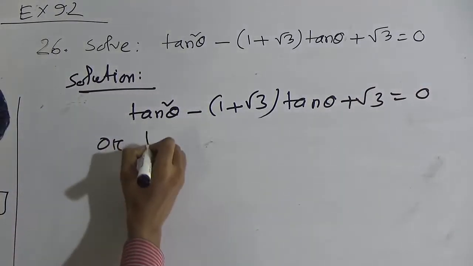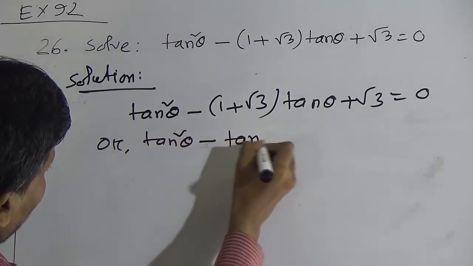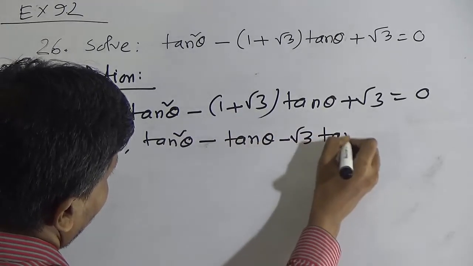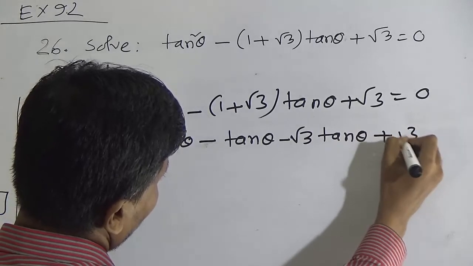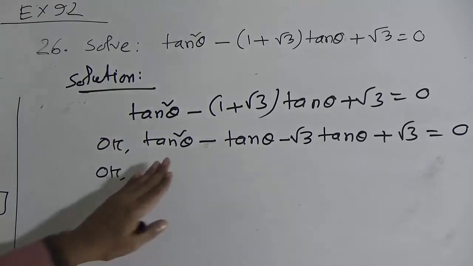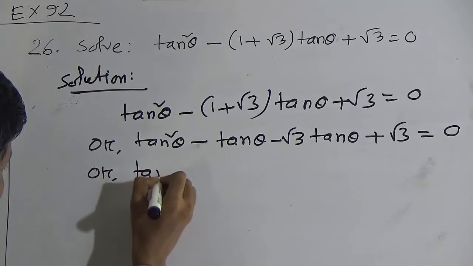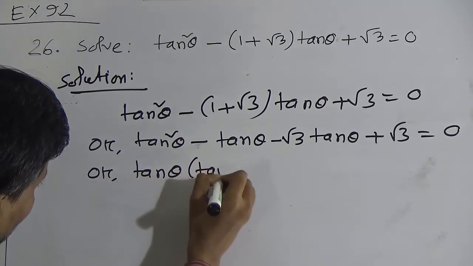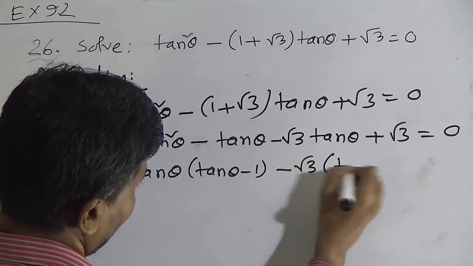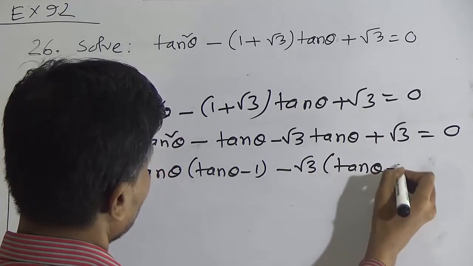Simplify: tan square theta minus tan theta minus root 3 tan theta plus root 3 is equal to 0. Here tan theta is common in the first two terms, then tan theta minus 1.